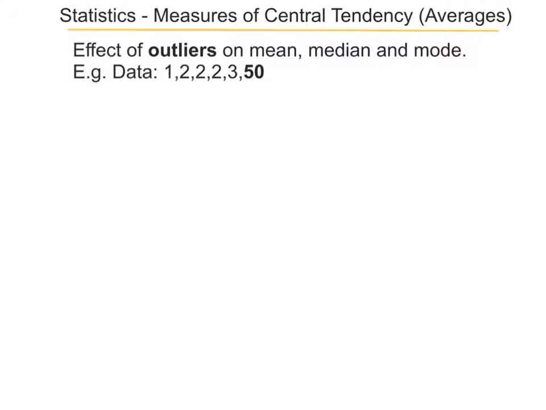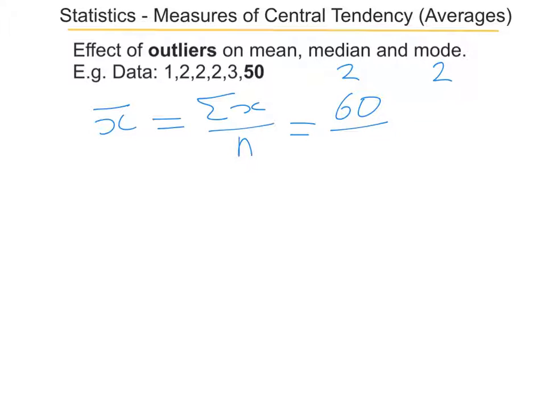Well, the median, the middle number, is still 2. And the mode, the one that we count the most of, is still 2, because there are lots of 2s. But if I now calculate the mean, I'm going to get the sum of all the numbers, which is now affected by this extra 50, and takes the total to 60. And if there are 6 numbers now, that means the mean has moved to 10.